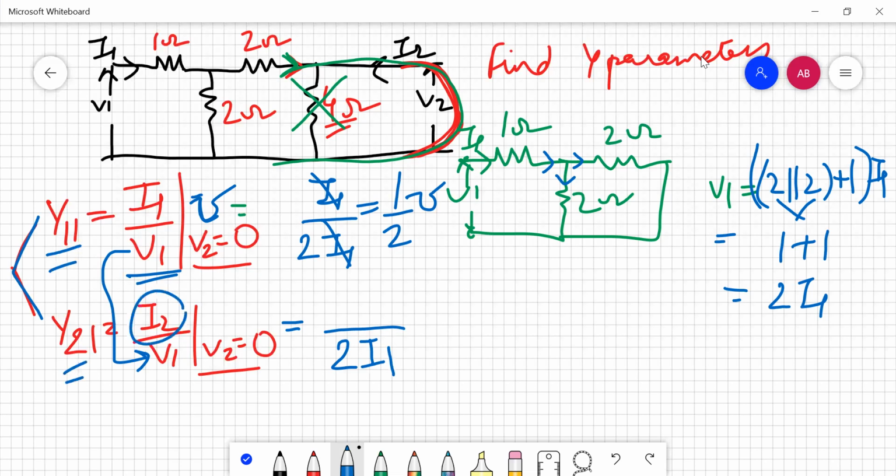Now, what about this I2? By default, we always take, in this last branch, the current as inwards as I2. But if you check this branch carefully, you are going to see that there is this current I1 that is coming in this branch, as well as we have marked that I2 is also in this direction.